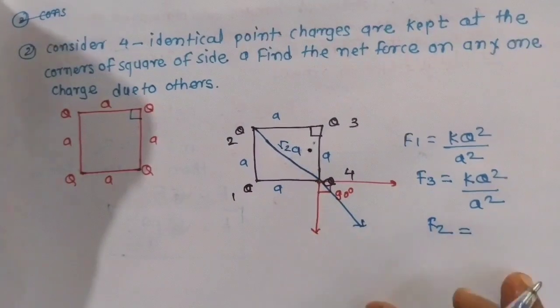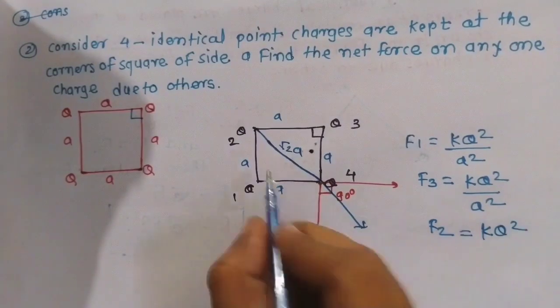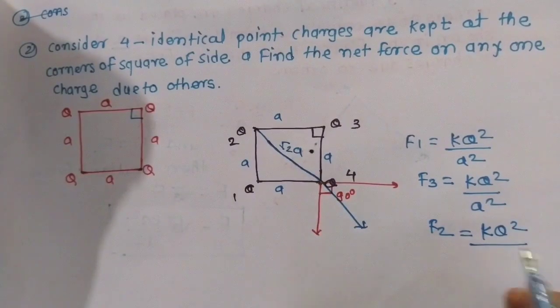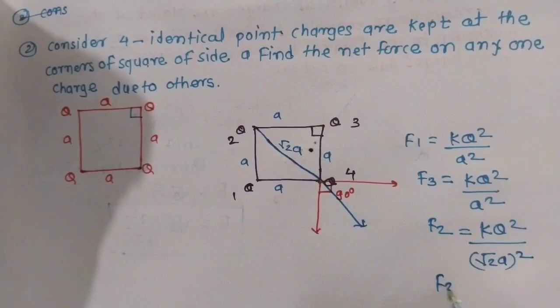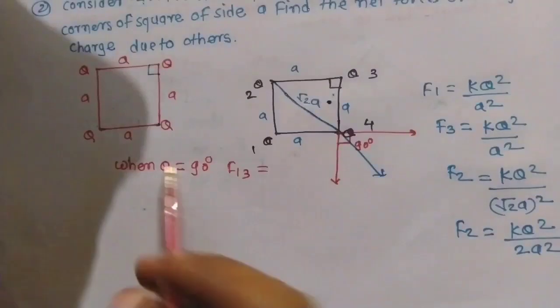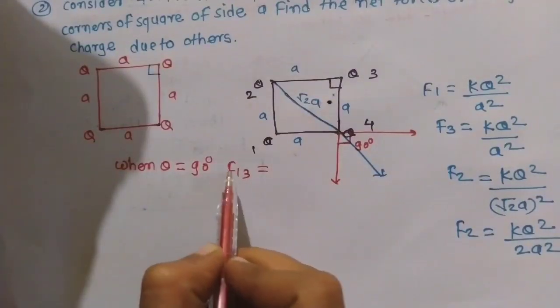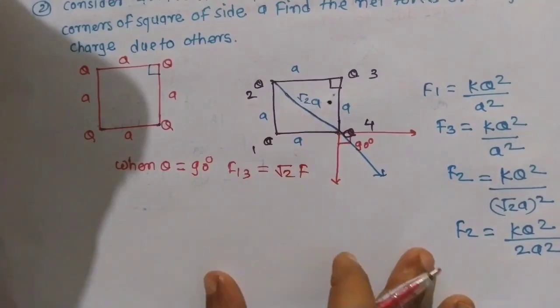This distance is root 2 A, because this is A, therefore this is the hypotenuse, root 2 A. So F2 is equal to K Q square upon root 2 A square. When theta is 90 degrees, F13 is root 2 into F.